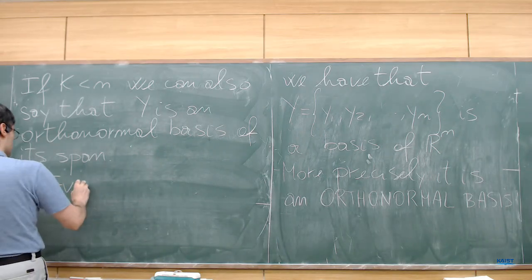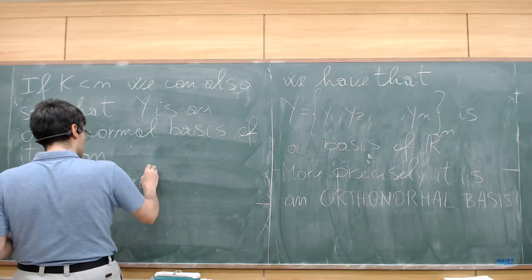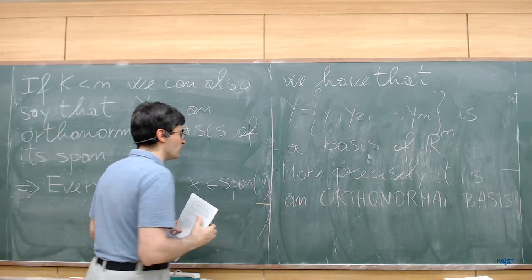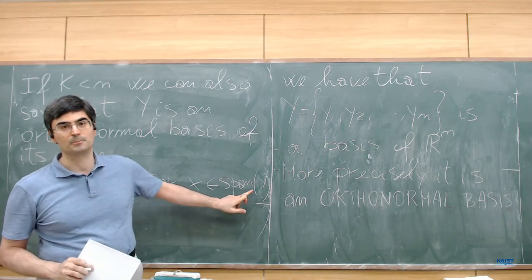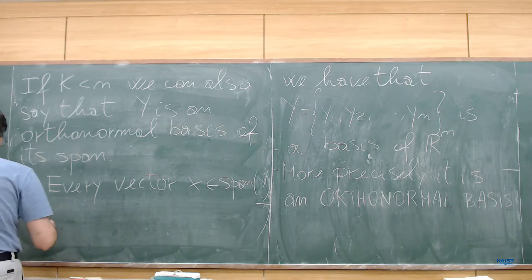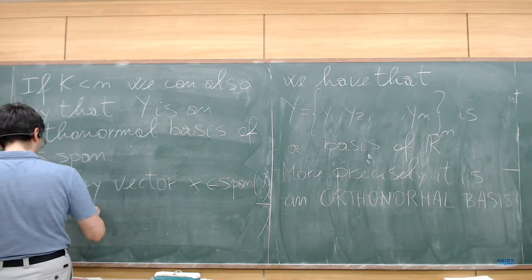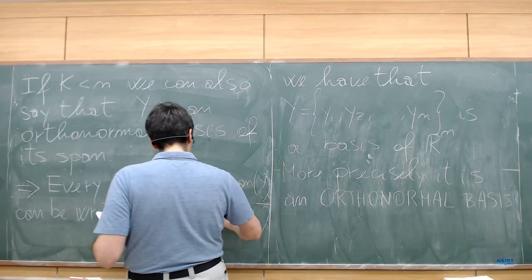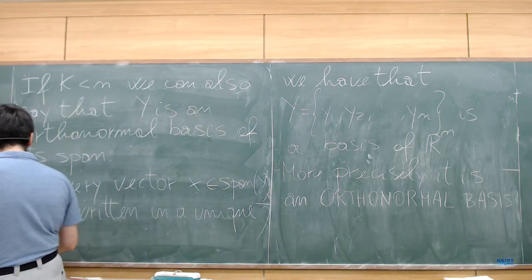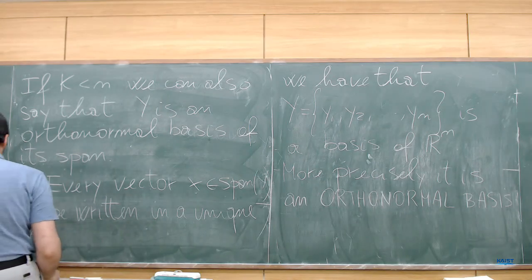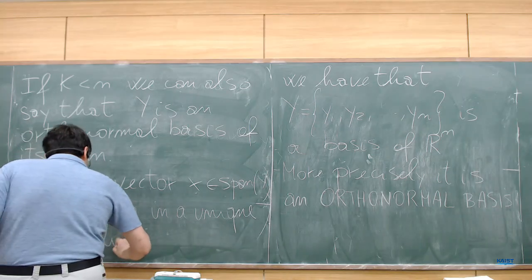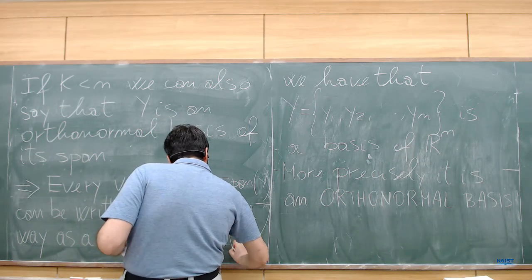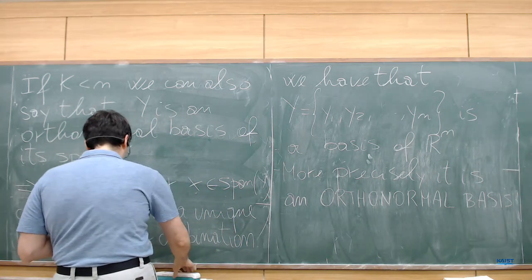Every vector x belonging to the span of Y, so I repeat one more time, span of Y means the vector space spanned by the vectors in Y, can be written in a unique way as a linear combination.